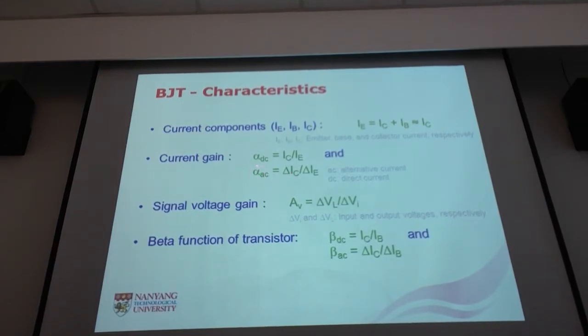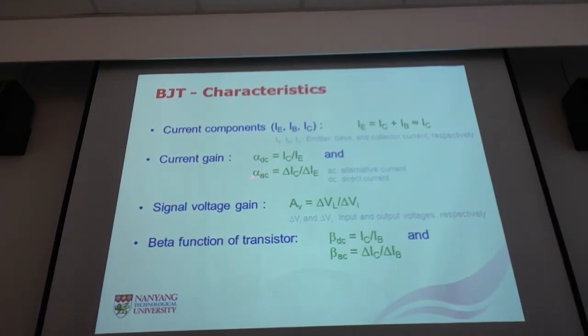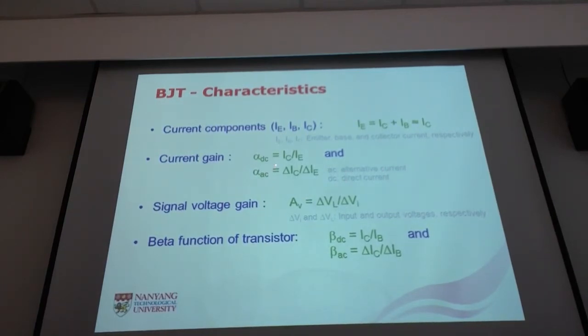And for the current gain, we have 2 situations. The first is the direct current, and the second is the alternating current. For the direct current, the current gain is defined as IC over IE, while for the alternating current, it's defined as the change of IC over the change of IE. It's the same as voltage gain.